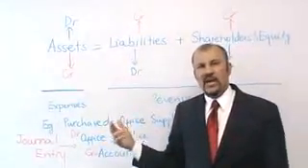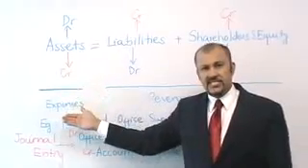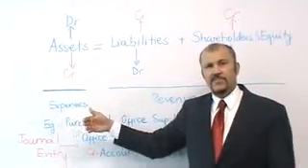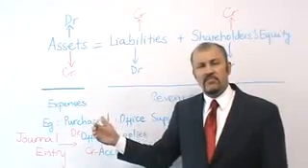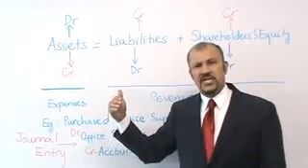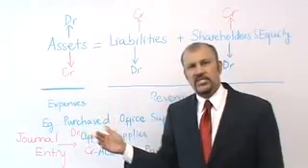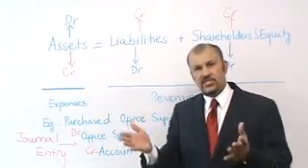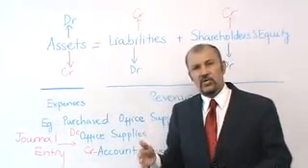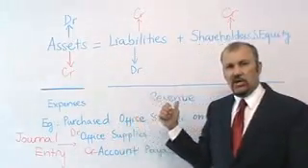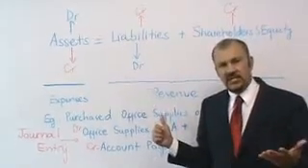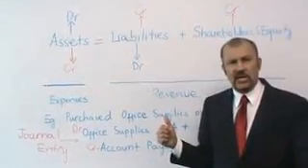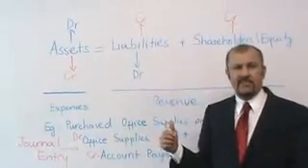So that means when you have an increase in an expense account, then that increase in the expense account is denoted by the word debit. So if you say debit rent expense, then you're telling me that you're recording a new rent expense for this month. Conversely, for the revenues, if you said credit fees earned, which would be an example of a revenue account, or sales would be an example of a revenue account.